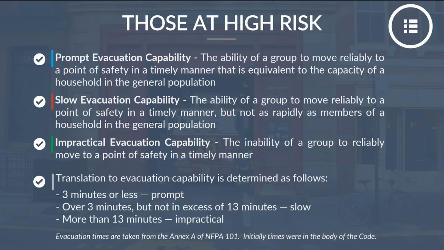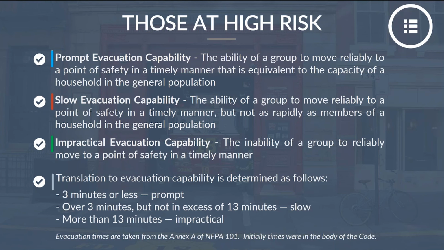They are typically applied to facilities such as residential board and care, which is how the Life Safety Code refers to them, although in some jurisdictions they refer to them as assisted living facilities. And they place the evacuation capability into those 3 categories, again, of prompt, slow, or impractical.